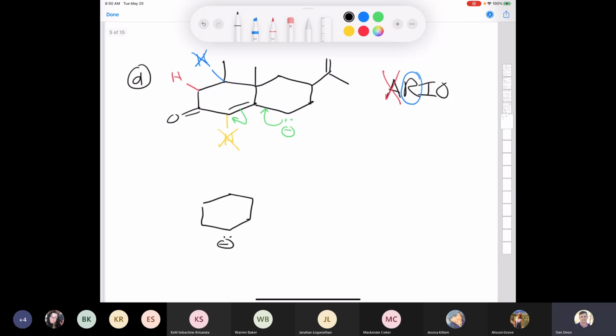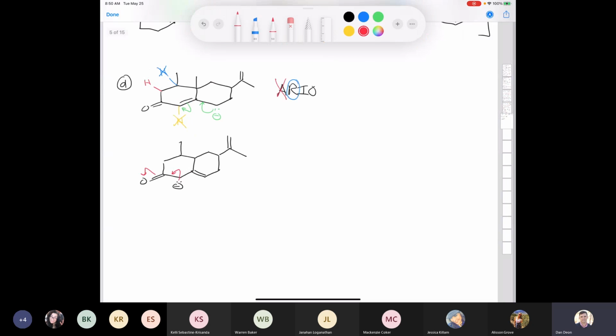So I'm going to have a negative charge here, a double bond here. So I'm going to end up with this resonance contributor like this, but I can also draw a second one. Here we go, like that. So I not only have one resonance contributor here, but I have a second one. The second one is going to look like this.